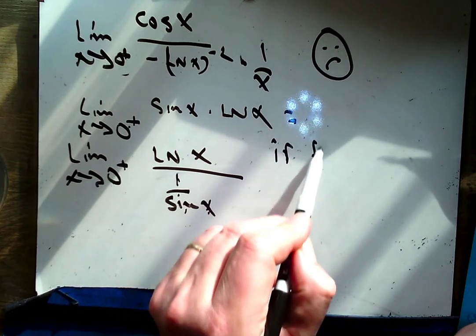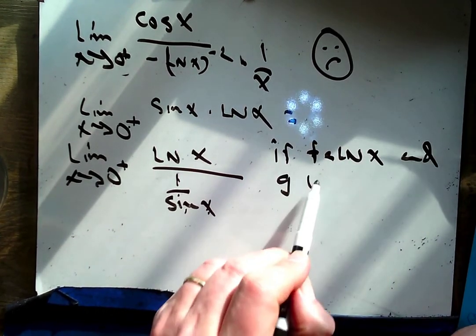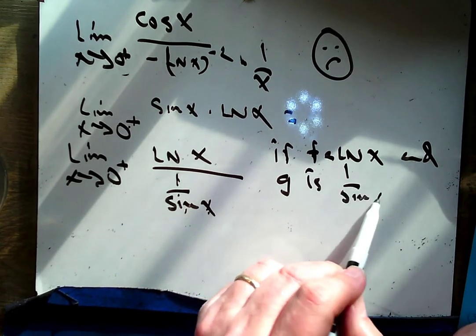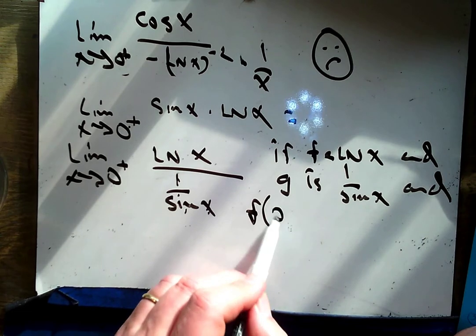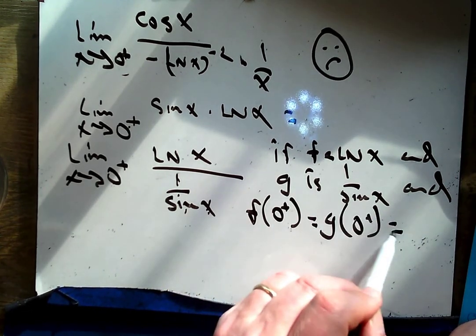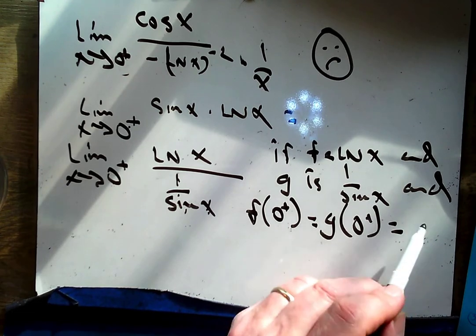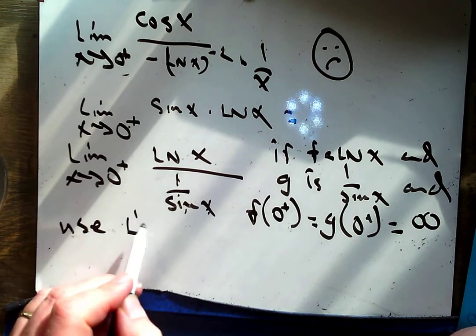So if f is ln of x and g is 1 over sine x, and f of 0 from the positive equals g of 0 from the positive equals infinity. Okay, use L'Hopital's.